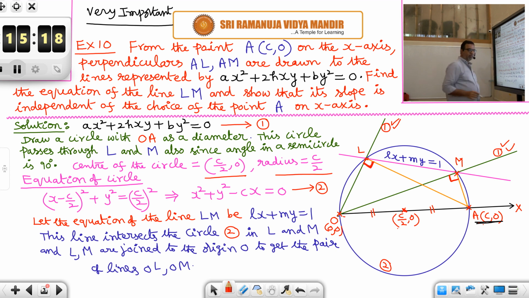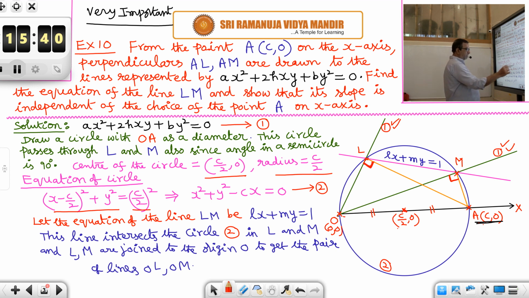What is the equation of the circle with the center (a, b) and radius r? (x − a)² + (y − b)² = r². So (x − c/2)² + (y − 0)² = (c/2)², means (c/2)² on both sides will get cancelled.